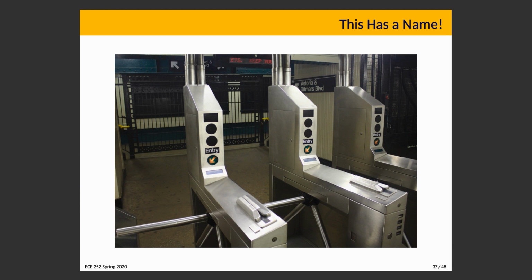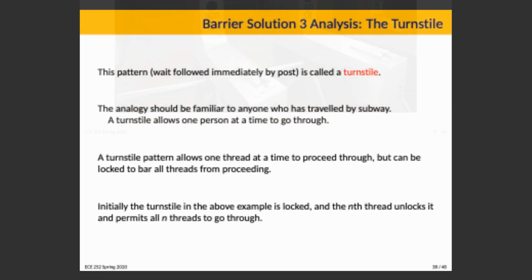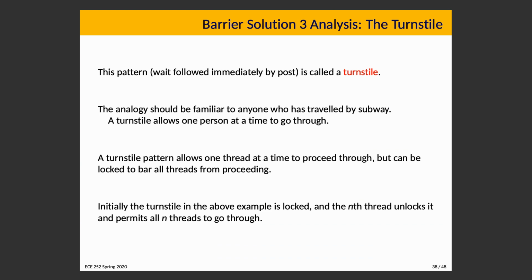And that's actually represented a little bit on your typical subway terminal as well, that you can lock the turnstile and it doesn't allow anybody to pass, and someone would have to unlock it before that could continue. So we do usually want a turnstile to initially be locked, otherwise we don't get the correct behavior that we would otherwise be expecting. But once it's unlocked, it permits all of the threads to go through.